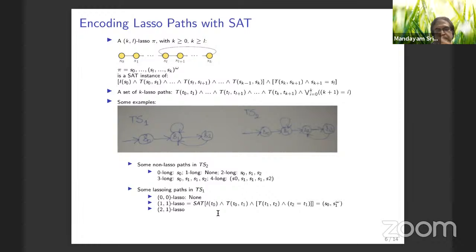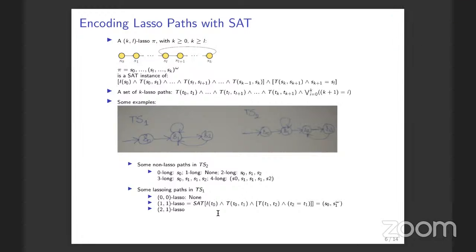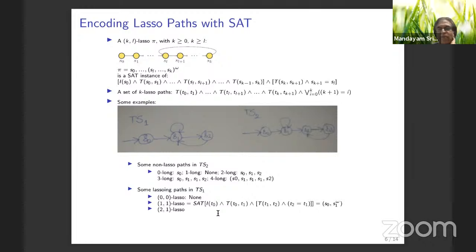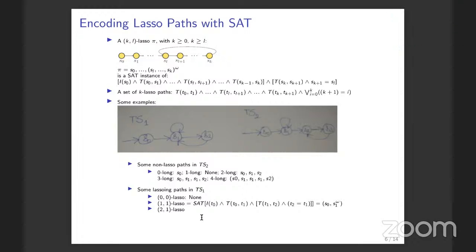So 2-1. For TS1, it is there, right? I'm asking for TS1. Obviously for TS2 it is not there, which we have already shown. But the question here is for TS1. Yes, because we can go back to S1, correct.